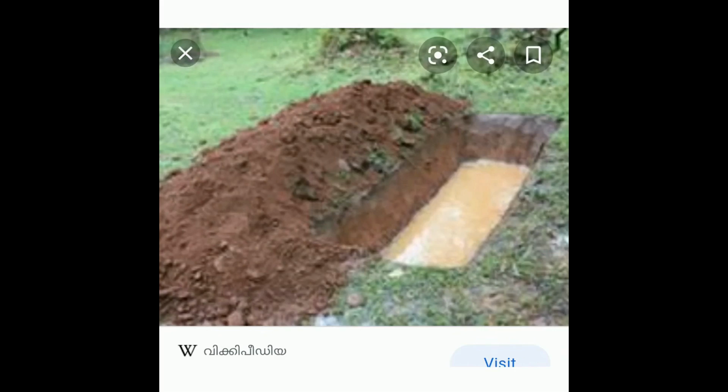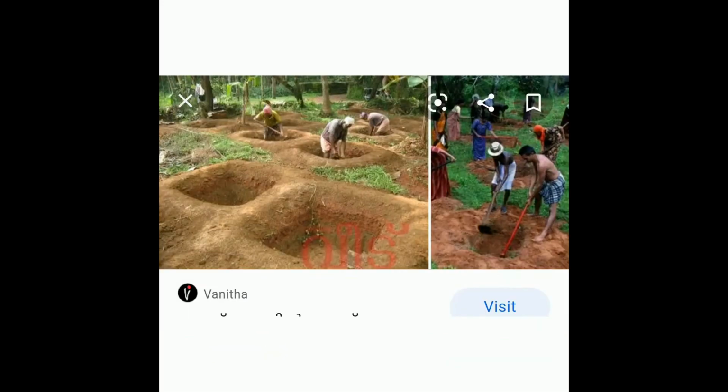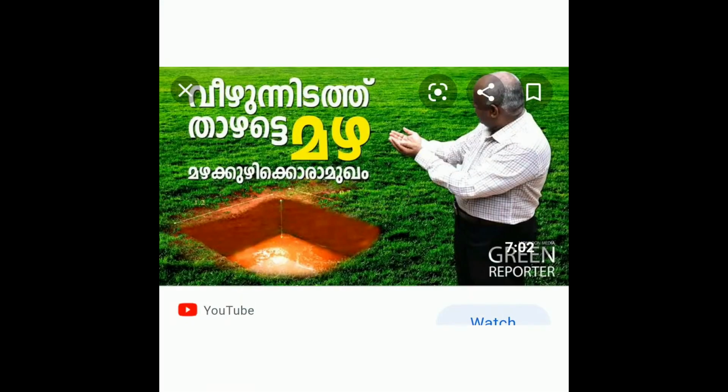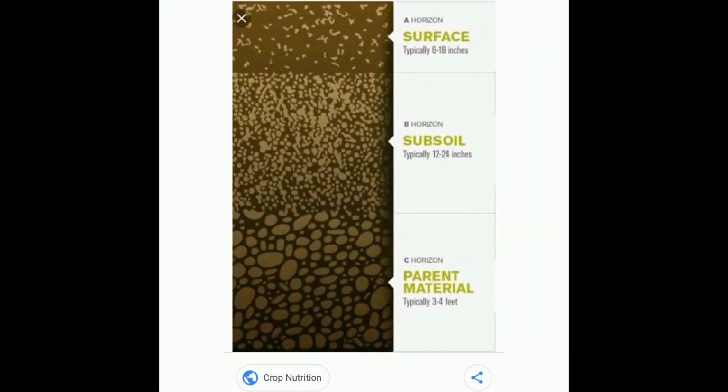Let's see. After the rain, water runs off over the surface and reaches a river, then the sea. It will decrease our groundwater level. Water should enter deeper soil and it will enrich the groundwater reserve. Try to dig a pit in your courtyard after the rain.